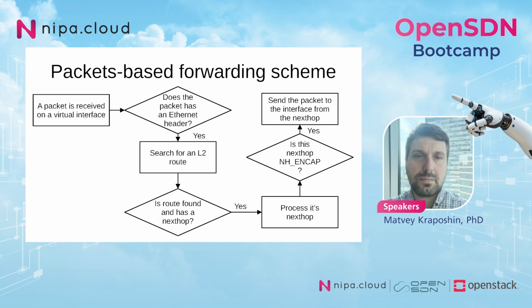If it has an Ethernet header, we take the destination MAC address and search for an L2 route inside the L2 route forwarding table. If this route is found, we take a pointer to the next hop, and this next hop applies an action to the packet. For example, if this next hop is of type NH encap, then this packet is sent to the outgoing interface. This is a very simplified scheme.